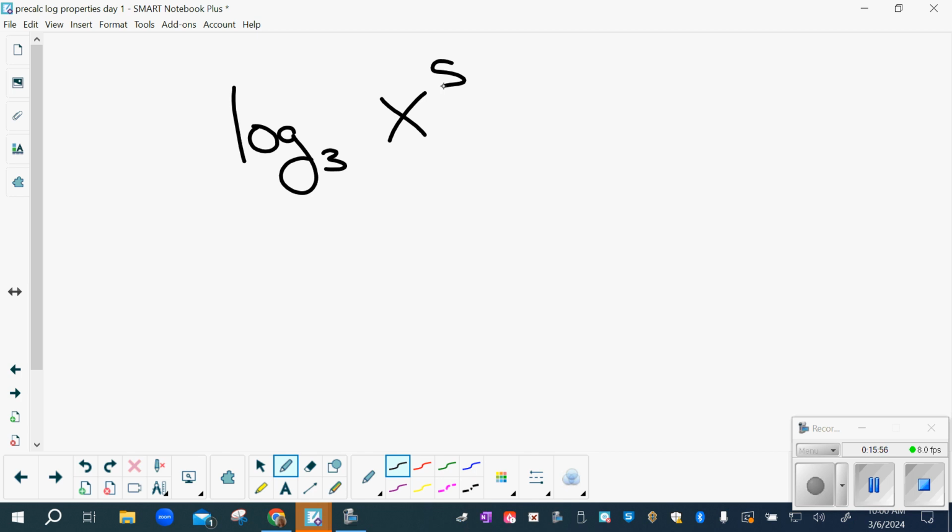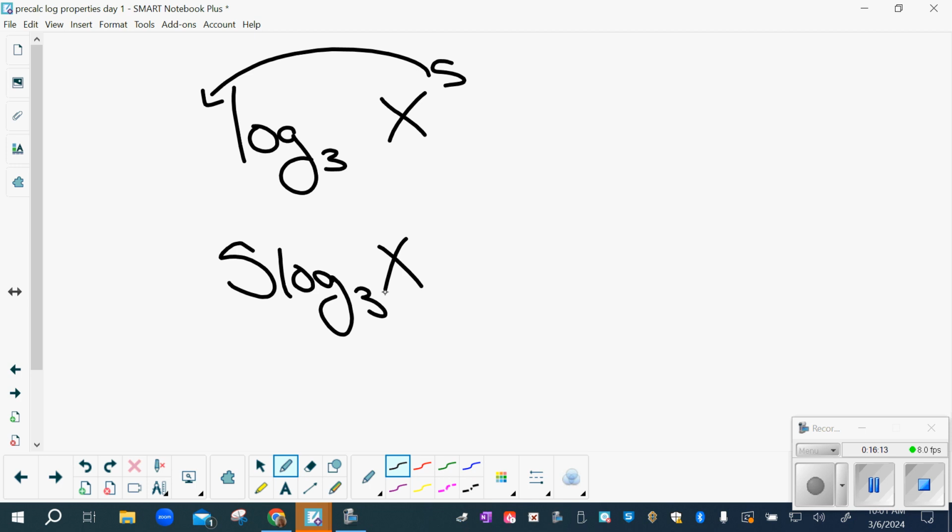All you need to know is anytime you see an exponent in your log problem, you're just going to drop it down to the front. So 5 log 3x.